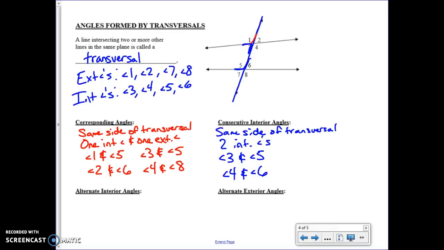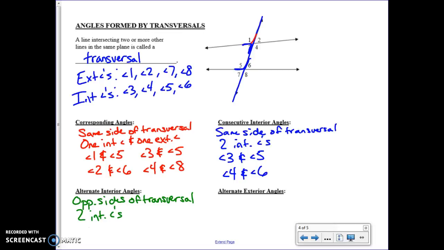Okay, then alternate interior angles. They're on opposite sides of the transversal. And they're both interior angles.